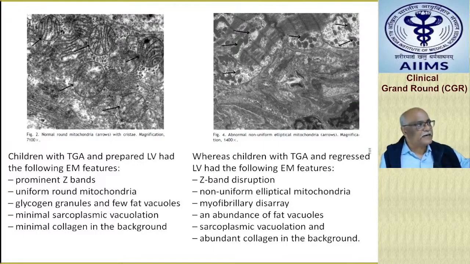Because ATP is being generated at one place, it has to be transported to some place. Nutrients have to be transported. That happens through these microtubules. When the energy demand is high, cells are very active, so mitochondria and sarcoplasmic reticulum are well developed. But in the regressed ventricle, they are not well organized.